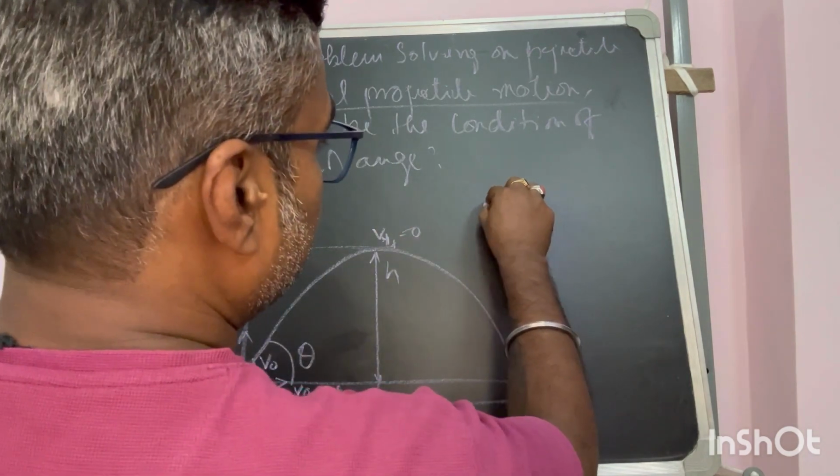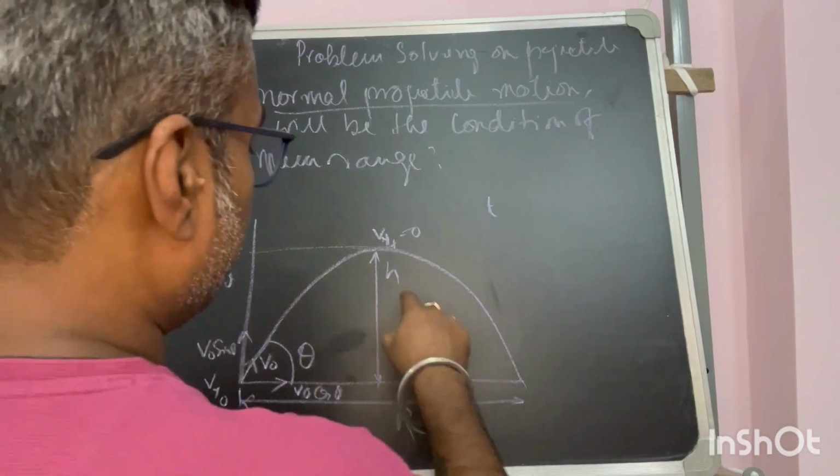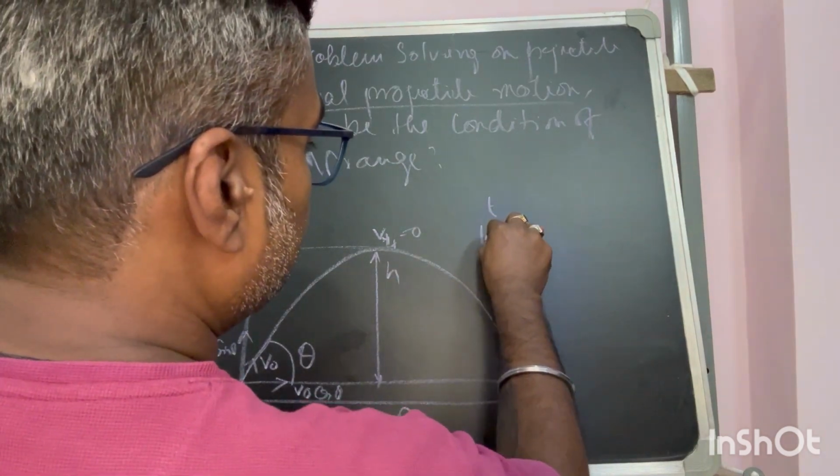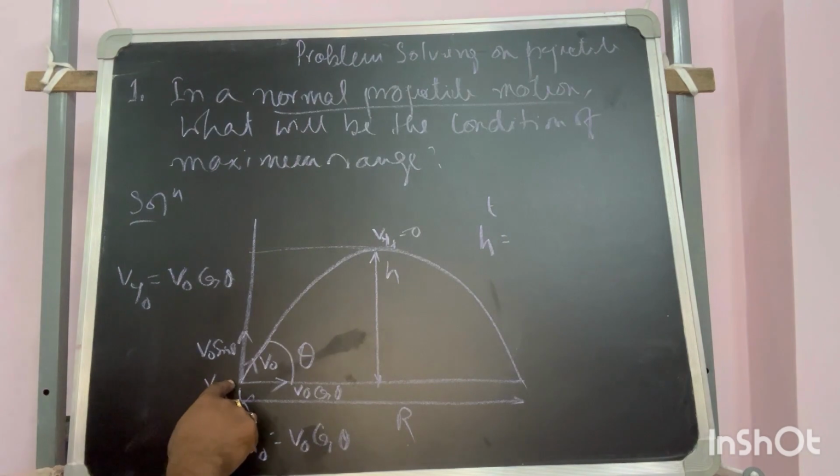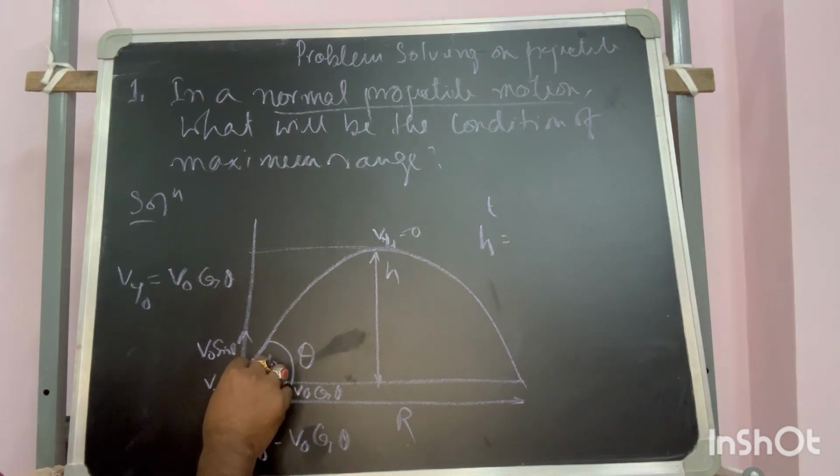I am taking time t, as I said already. So in time t, what height is being covered? Now I am considering the ground as the 0 point, from where I am measuring.